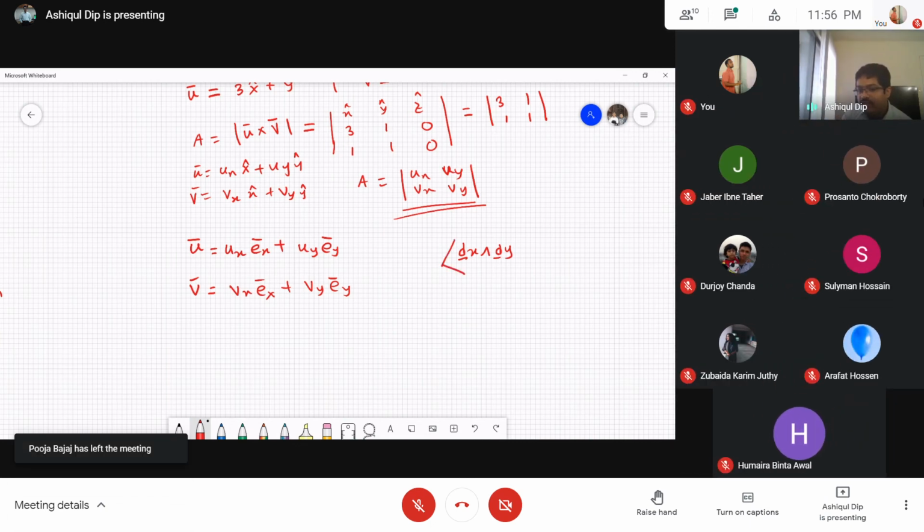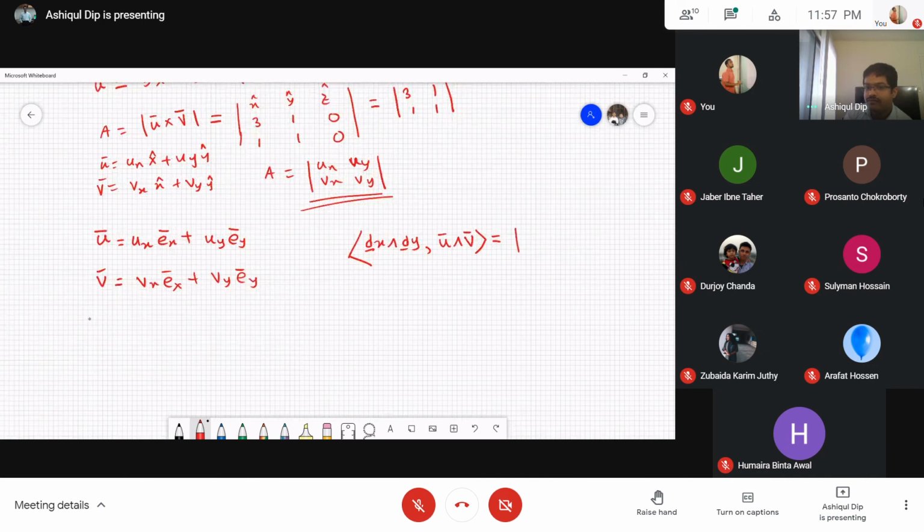Piercing of this with u wedge v gives me this determinant. Then this piercing would have a meaning like area. Right?